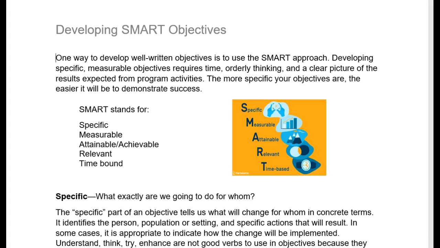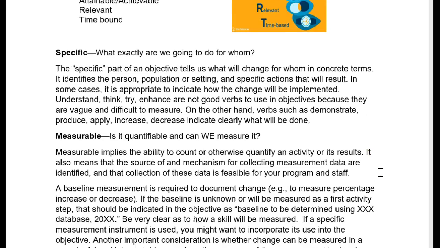The idea is that if we have SMART goals or SMART objectives, then we will plan very clear and related activities that will help us reach those objectives. The more specific you are, the easier it usually is to plan and to be successful. So let's take a look at the specific areas here.